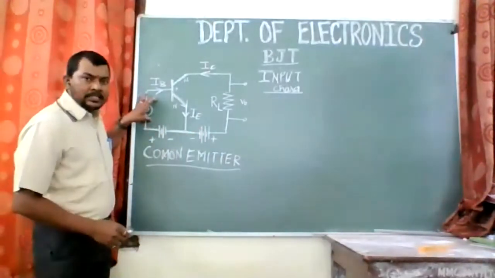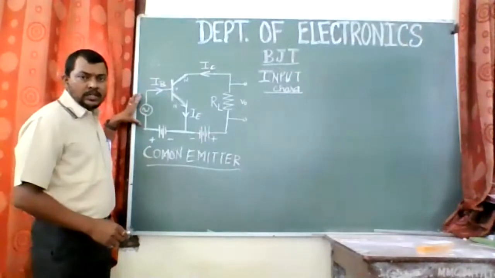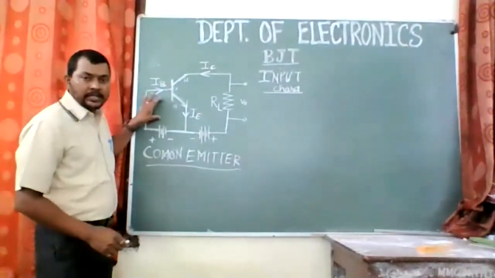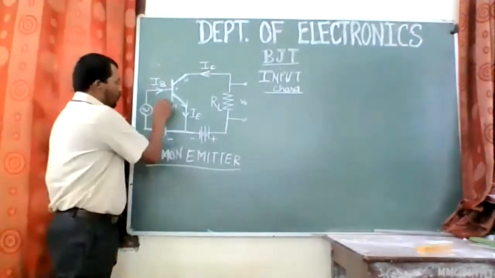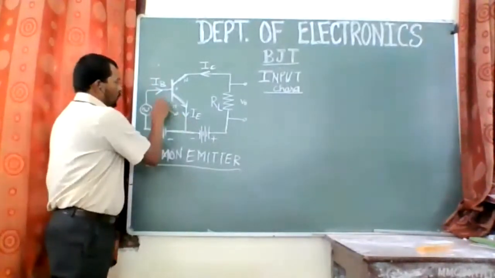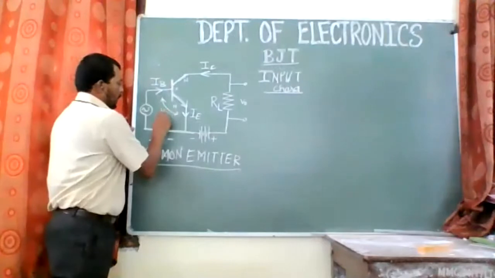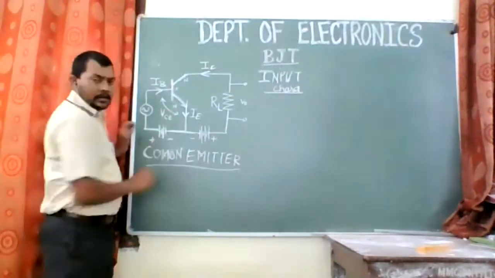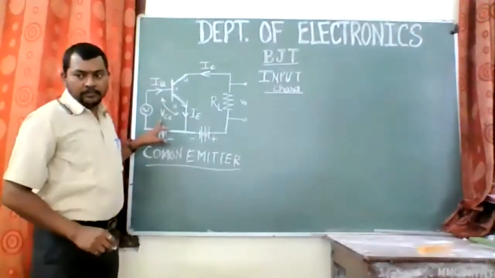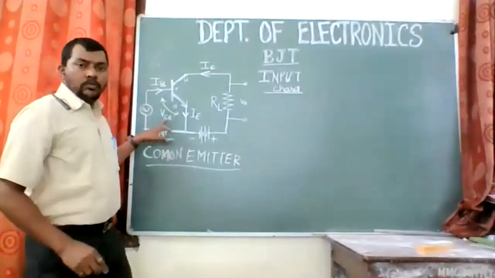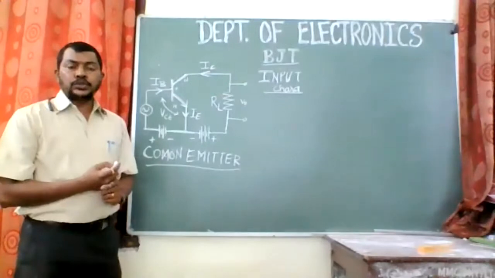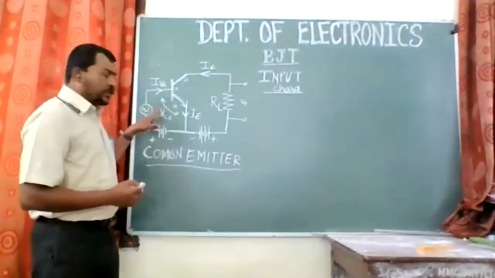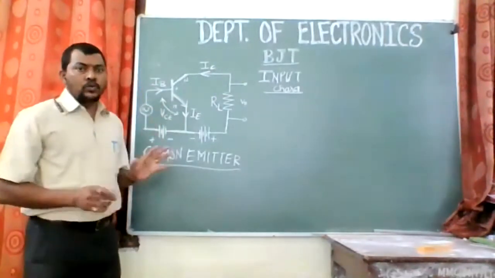So we are looking from this side. What would be the input resistance now? If you look from this direction, there is a current which is called IB, and there is a voltage across this which we call the collector emitter voltage, VCE. So the input characteristics should be the ratio of voltage upon current, which will give you resistance.